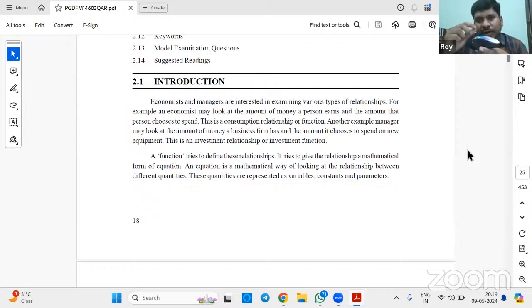Now I'm making an equation, not a complete equation. I'm just saying 10x is the profit which I earned by selling this mouse. Now x denotes the number of mouses. If I sell 100 mouses, 10 into 100. What is x denoting? The number of products which I sell, right?